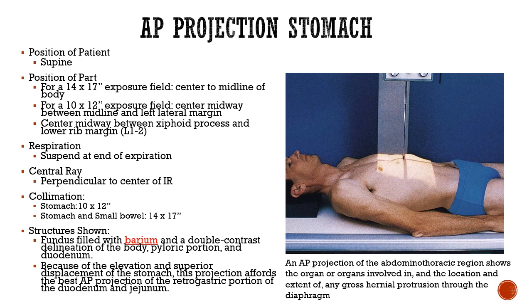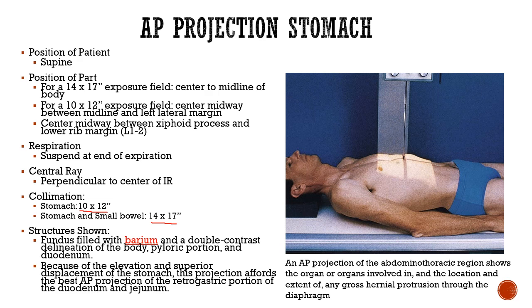You want to center midway between the xiphoid process and the lower rib margin, which is L1, L2. You want to suspend at the end of expiration, and you want to center perpendicular to the image receptor. So the two collimation field sizes would be a 10 by 12, as mentioned for the stomach, and 14 by 17 for the stomach and the small bowel.